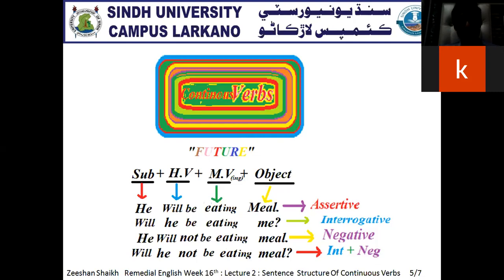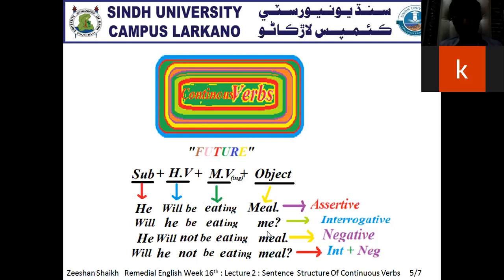The right option is to separate only will. You have to put will at the first side, then the subject he, then be. The remaining part of the helping verb will be put after the subject. Clear? So the right pattern is: will he be eating meal?